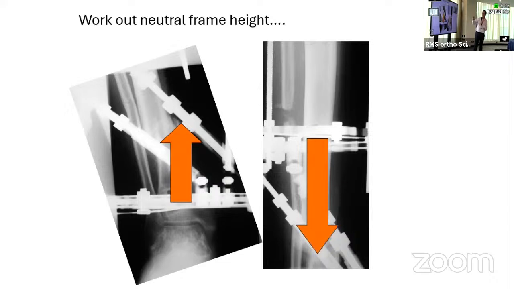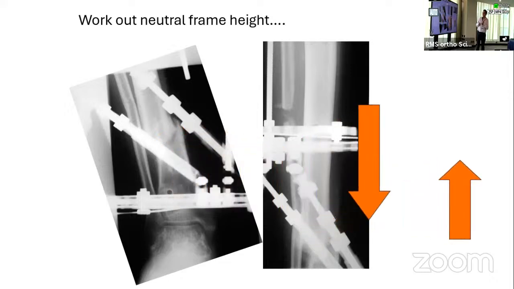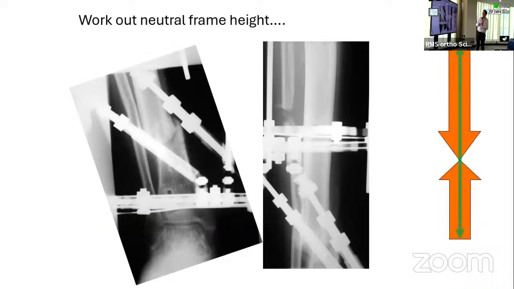So you measure the distance from this ring to the fracture, and from that ring to the fracture. And that would give you a distance to say a neutral frame height is 140. So when the fracture is aligned, the rings will be 140 millimeters apart.